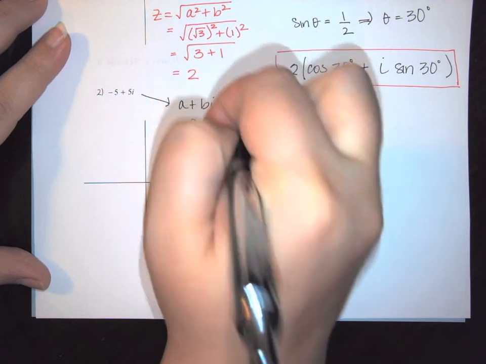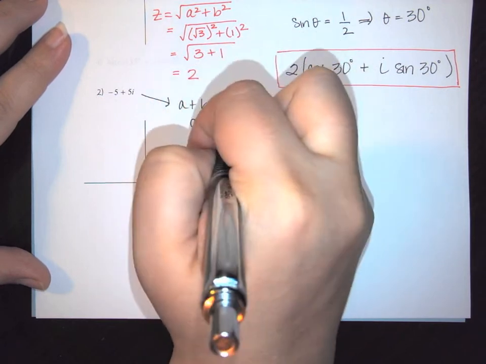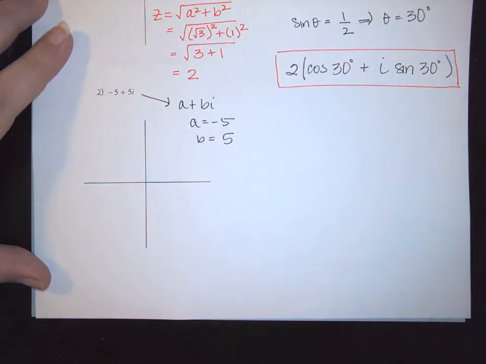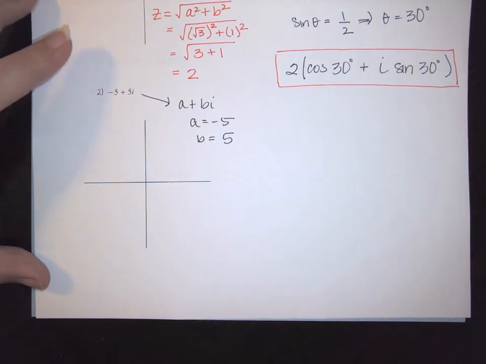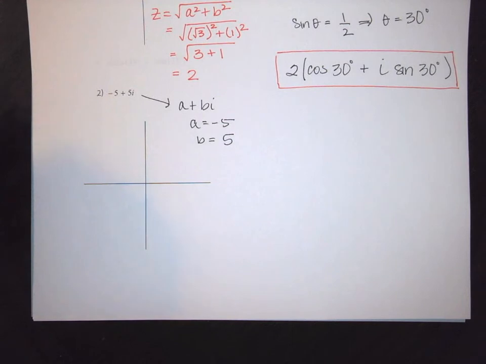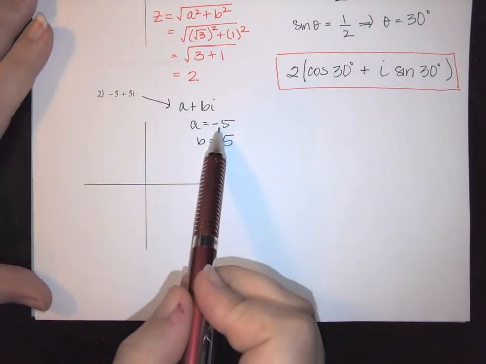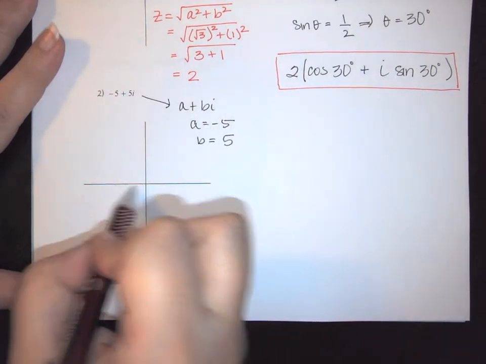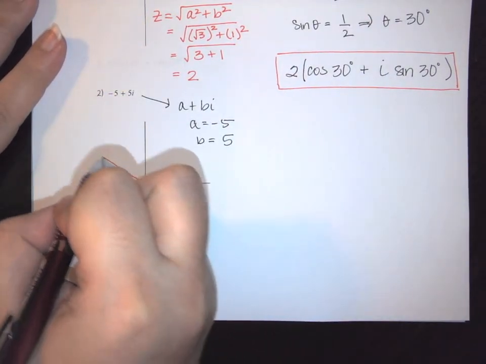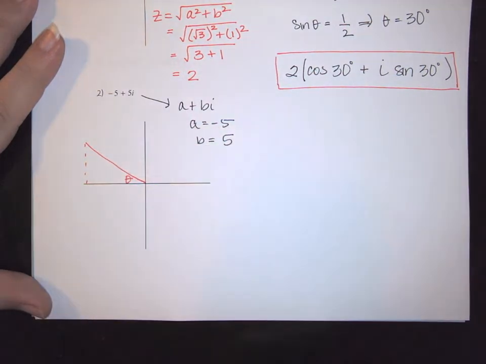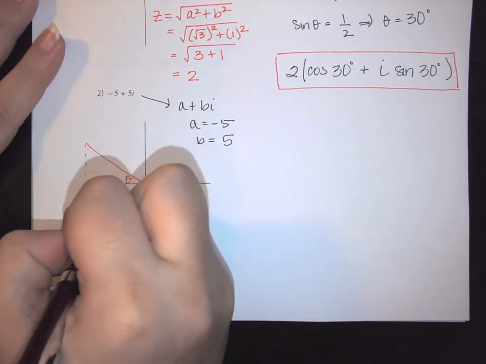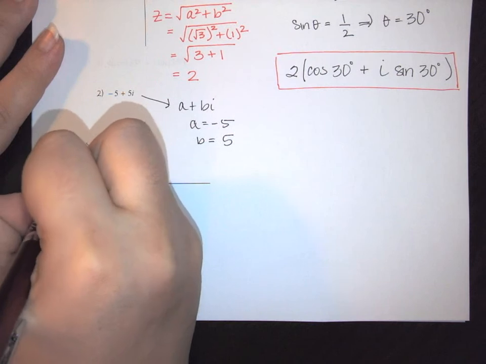My b is equal to 5. So I can draw my triangle using my coordinate plane, and you want to make sure that you put that triangle in the proper spot. A is the same as my x value, so I'm going to be here in my second quadrant. So here is my theta. This is the -5, my y was positive, and this is my z.